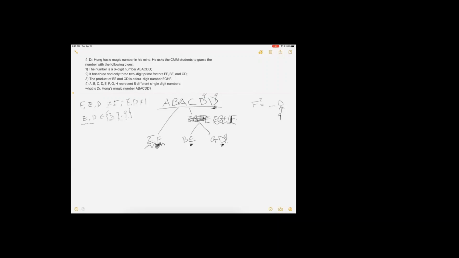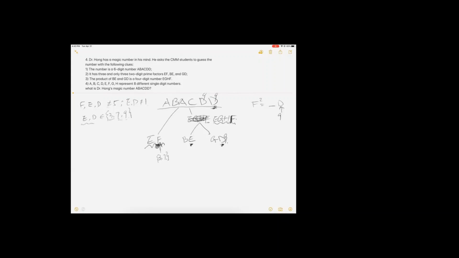Then I saw, since D is 9, F must be either 3 or 7, right? Then I saw that if E was 7, then EGHF would be too big.